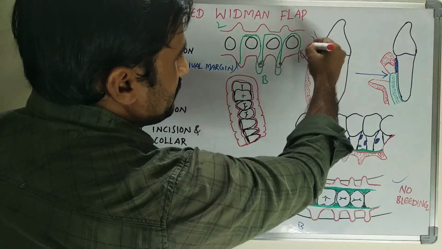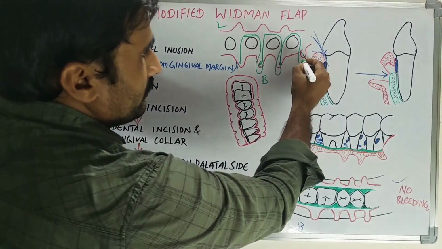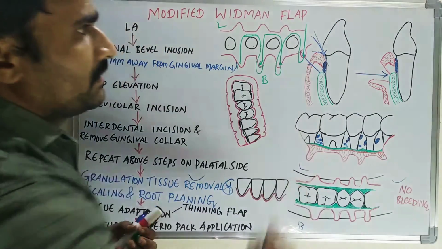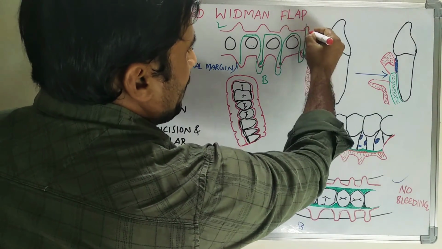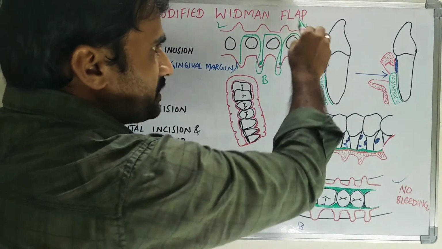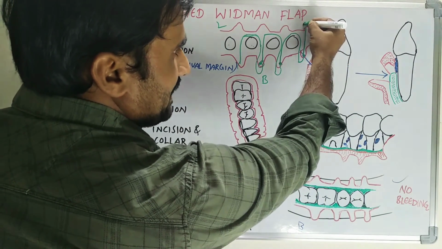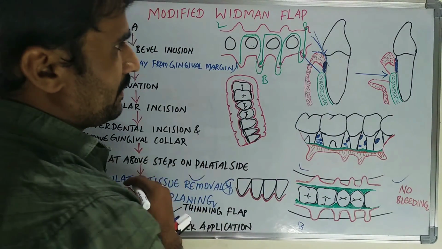So if there is one more papilla here also, I will reverse it and I will engage it, and I will come on to the lingual side, right? So in the lingual side also, the buccal side is all engaged. Now we will start on the lingual side. I will reverse it and I will engage the lingual tissue here, the lingual interdental papilla, right?